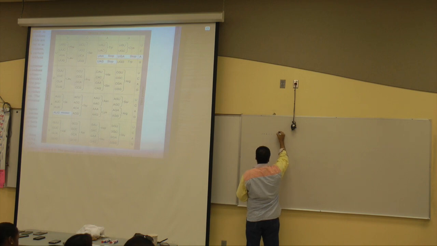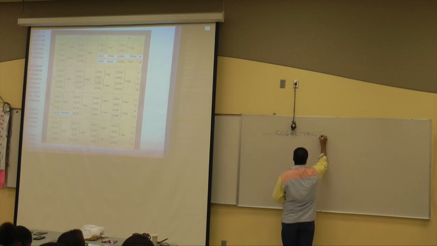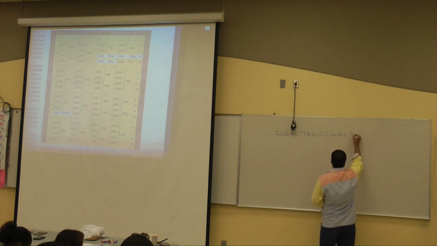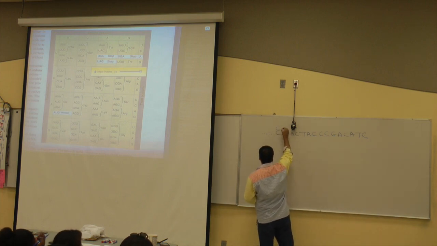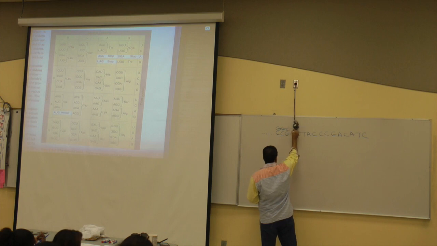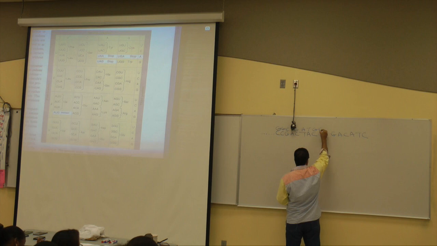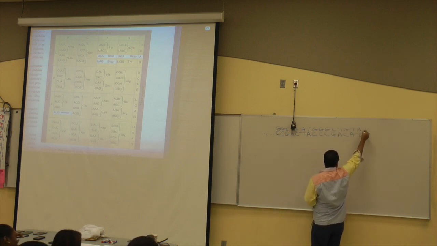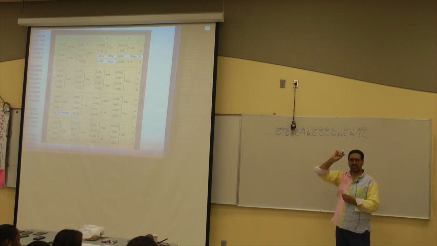The DNA reads C, C, G, A, C, T, A, C, C, C, G, A, C, A, T, C, G, G, C, T, G, A, T. The instructions will tell you which strand to use.